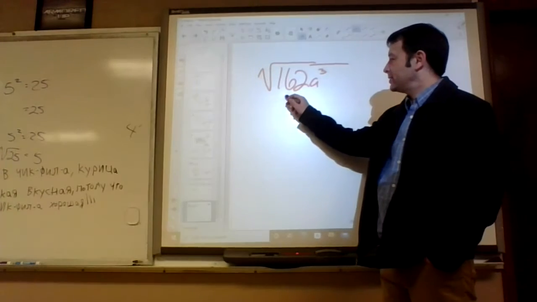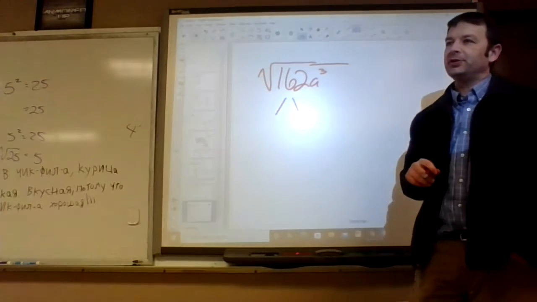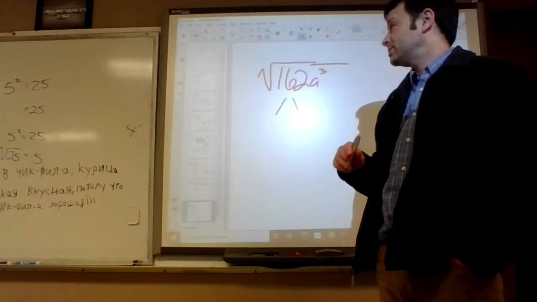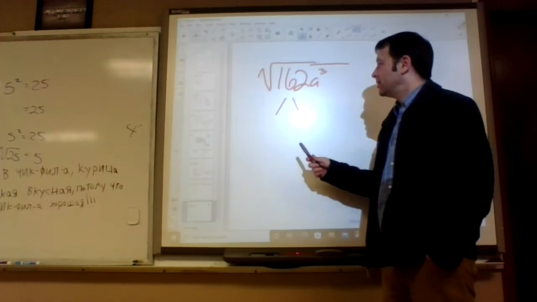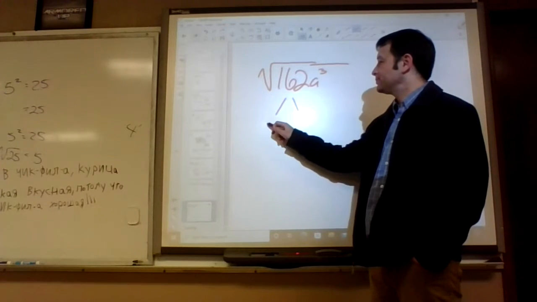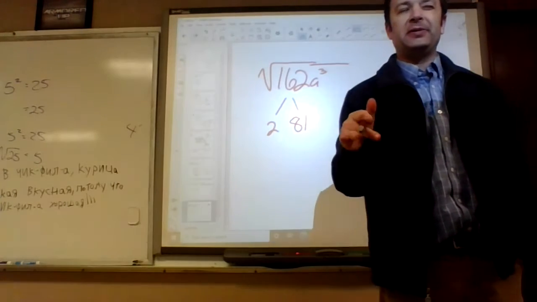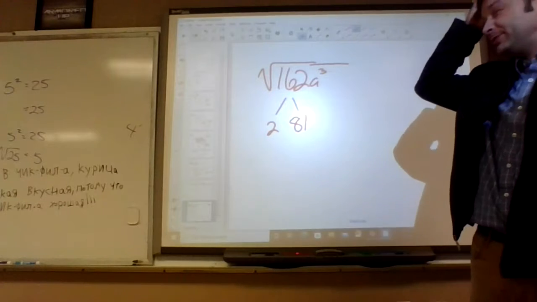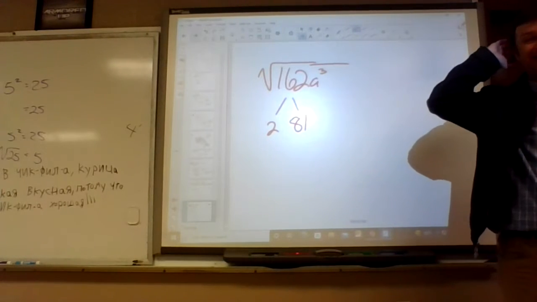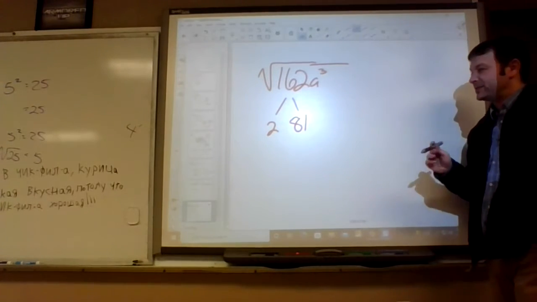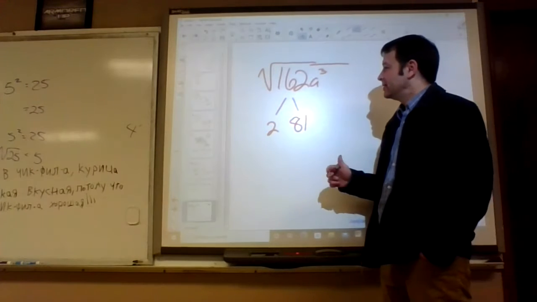If you don't have a calculator, you have to use the tree method. What goes into 162? And when you do cube roots and different roots besides square root, even calculators can't do it. So maybe it's good for all of us to learn this method.